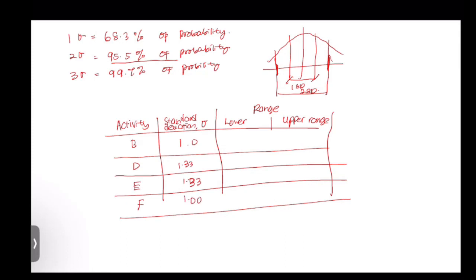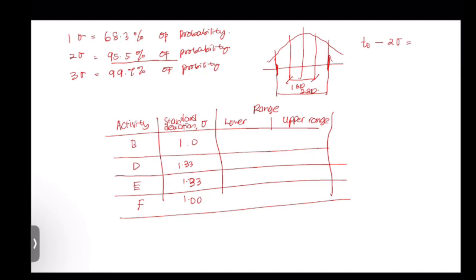Okay, so to calculate the lower range, what you have to do is the expected time minus 2, for 2 standard deviation, times standard deviation.